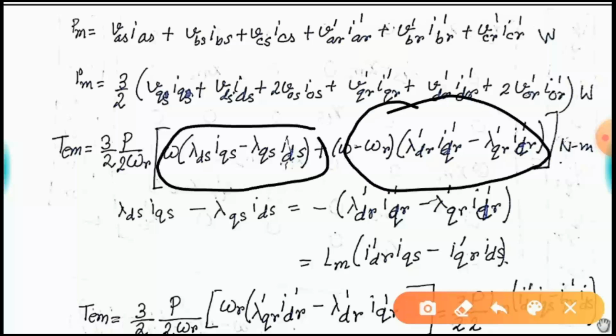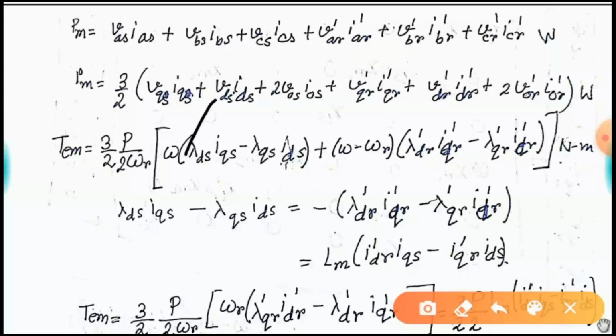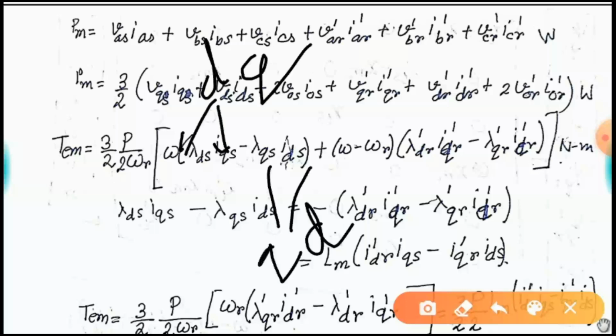Let us try to find them intuitively. See here, this is a cross term, between the d-axis flux and the q-axis current, and similarly here it is the q-axis flux with the d-axis current.